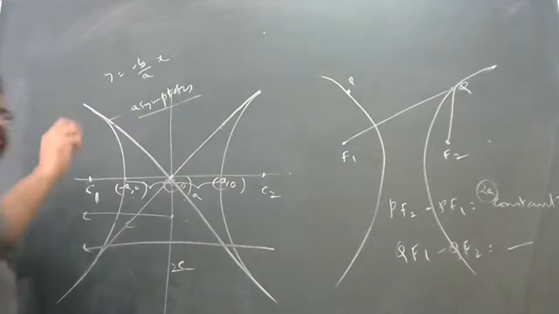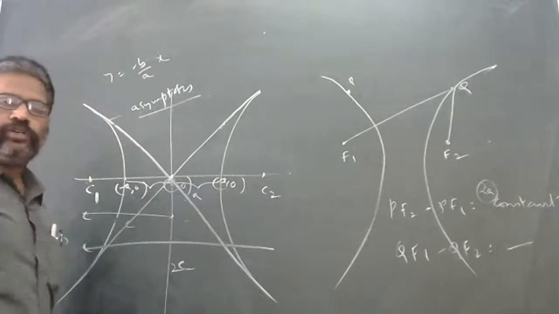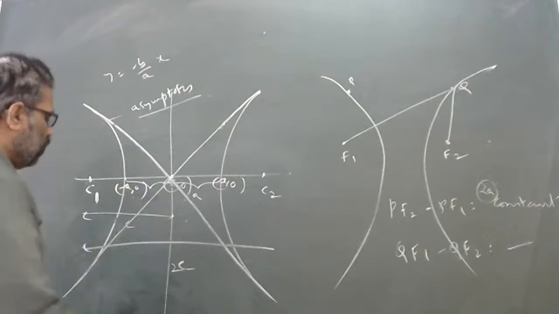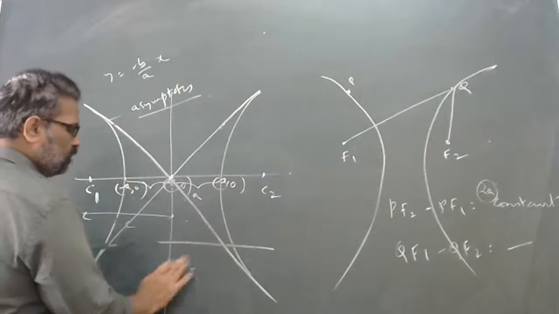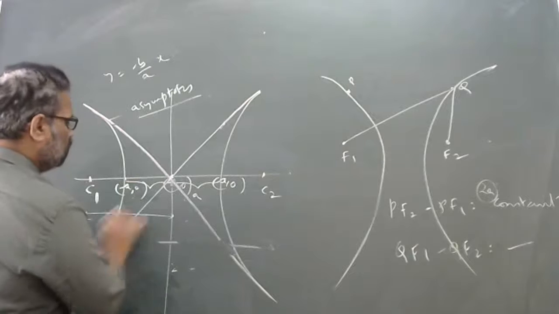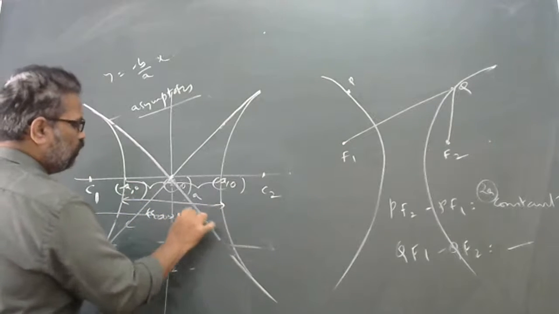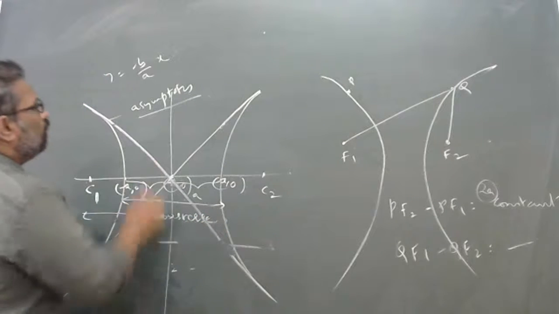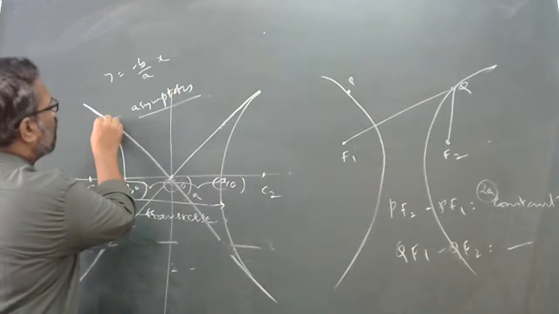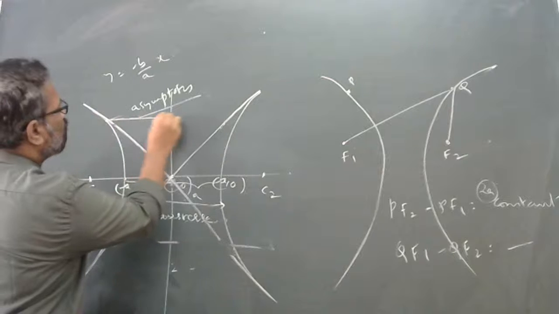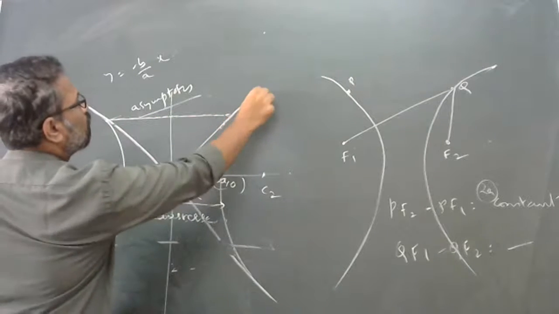Then how is this called? Earlier in the ellipse, you called these the major axis and minor axis. Now here we call this the transverse axis. Names are only different, but the concept is the same. Now from the intersection, you draw a perpendicular to make this.